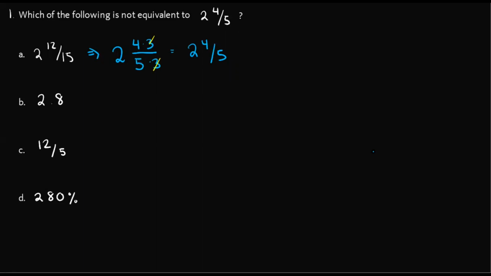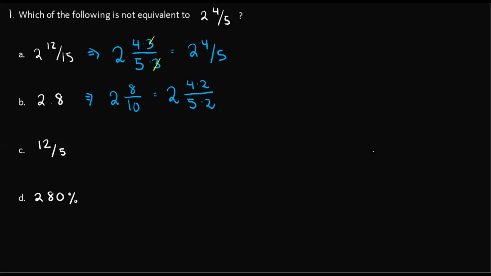We have 2.8. Now again, we can write this one as 2 and 8 over 10. So basically, this is converting decimals to fractions. And observe that we can actually write this one as 2 and 4 times 2 over 5 times 2.